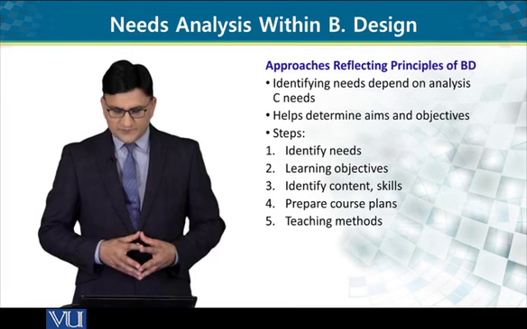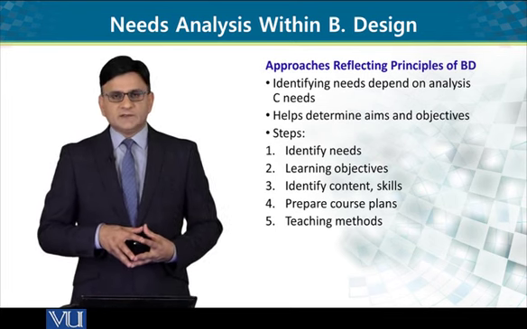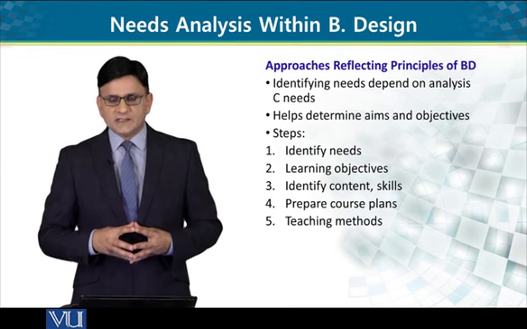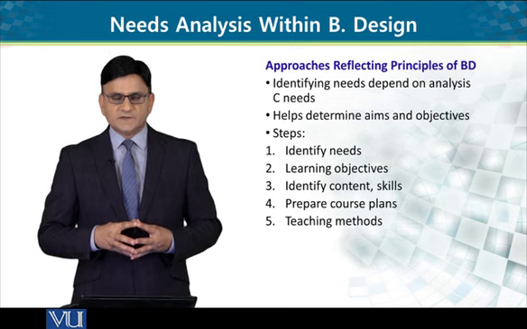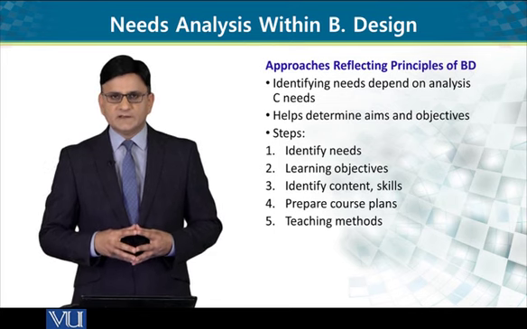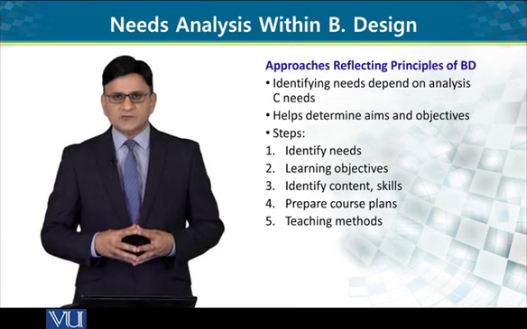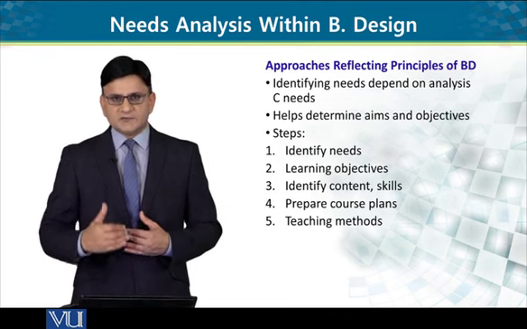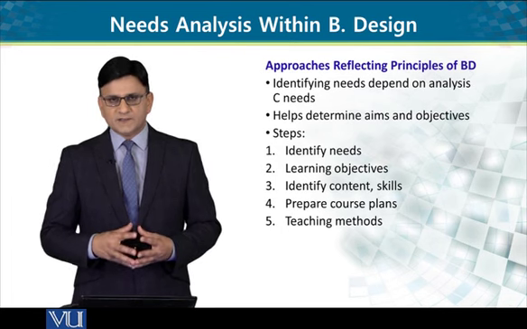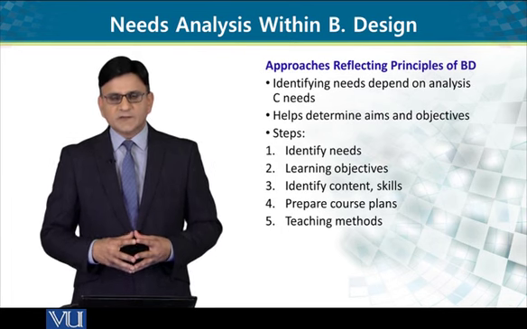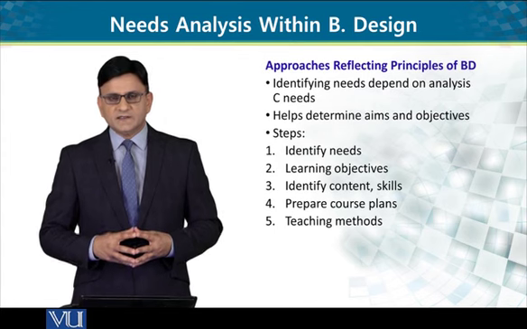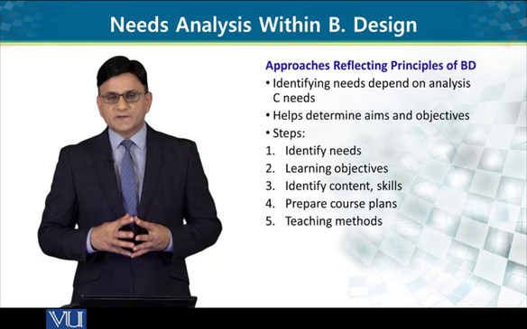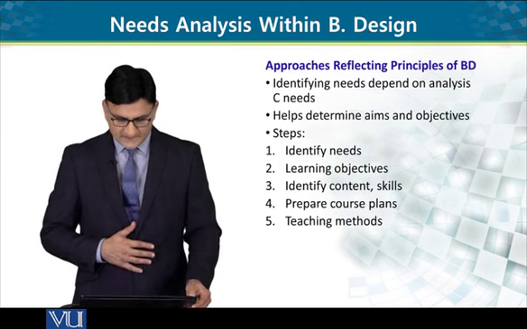And thirdly, we can make decisions about determining the content of the course, what sort of linguistic input is needed for a specific group of learners, and what sort of skills we need to inculcate. In terms of if the students are learning listening, speaking, or reading or writing, so what sort of skills they need. So these decisions can better be informed through needs analysis, right?